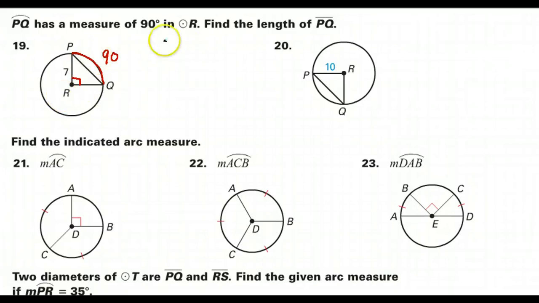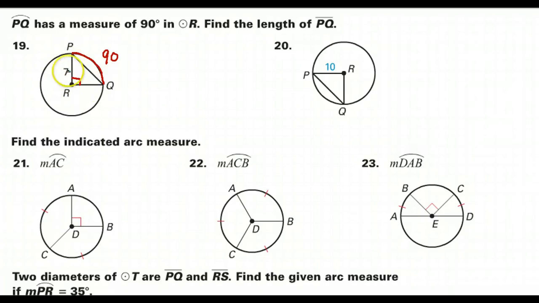Another thing that jumps out at me immediately, because we're dealing with a circle, I'm always on the lookout for radii. Remember, little vocabulary here. You know that the radius of a circle goes from the center out to the edge of the circle. And the plural of radius is radii.